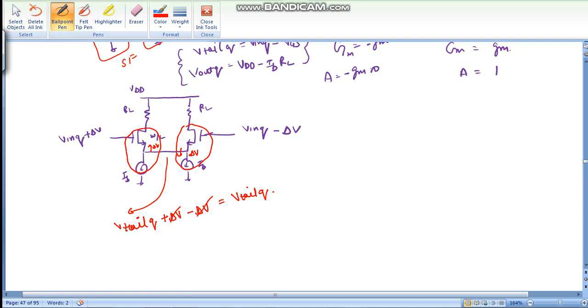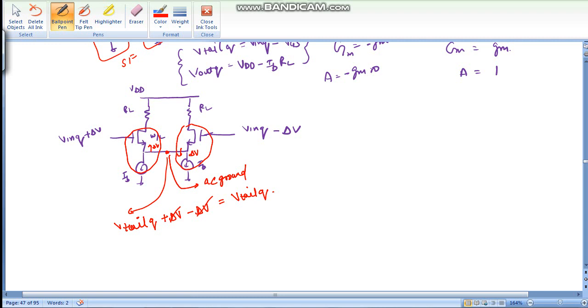It is not going to change. So this tail point is on AC ground, or you can say virtual ground.